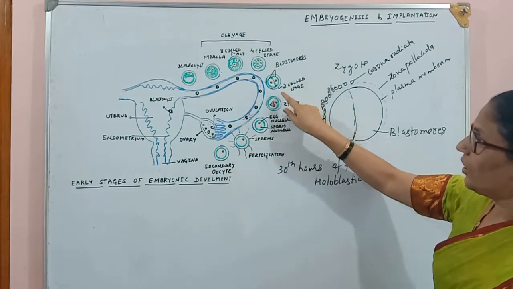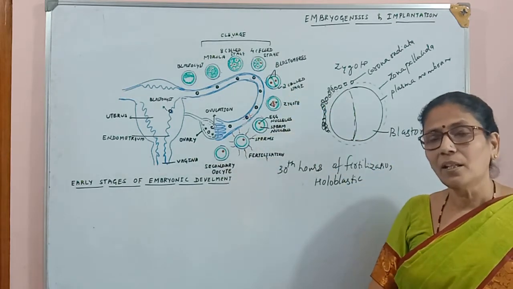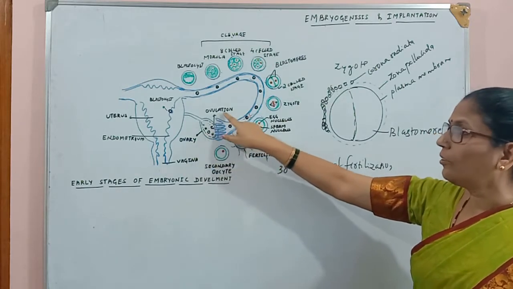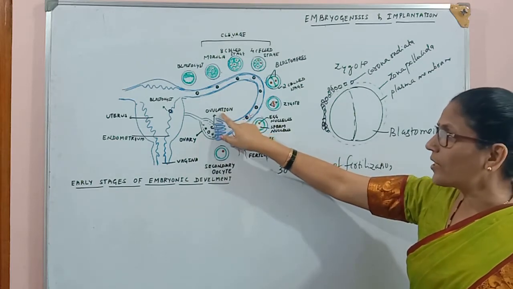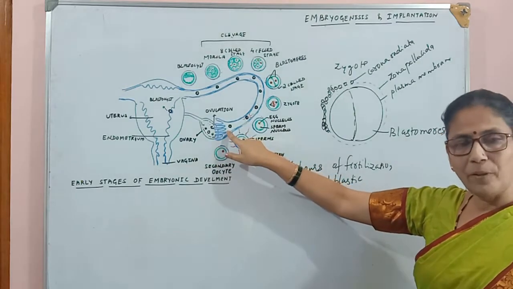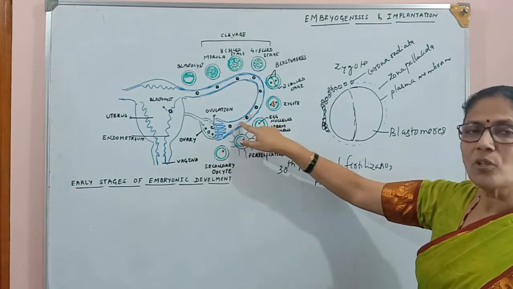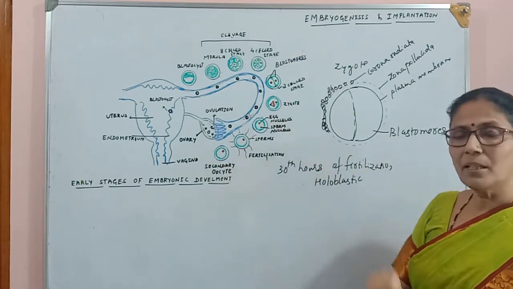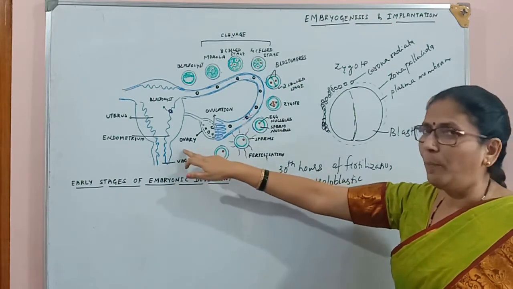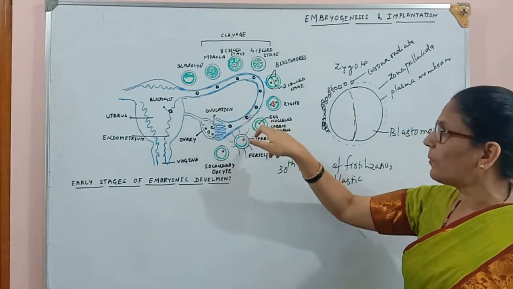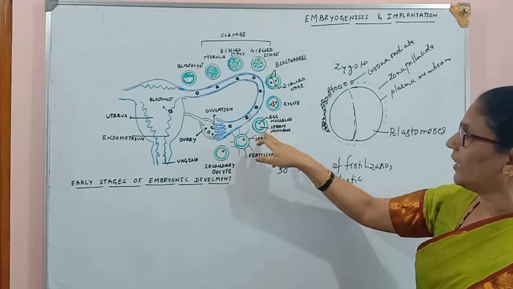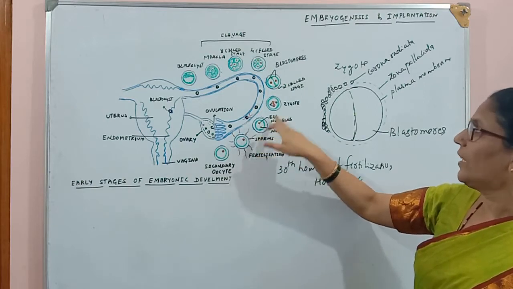So here we can see all the events which we have studied so far. This is the egg which is released from the ovary on the 14th day of the menstrual cycle. That process is called ovulation. The released egg is collected and enters the deeper portion of the fallopian tube, where it fuses with one of the sperm inseminated by copulation. When the sperm fuses with the egg nucleus, the egg is fertilized, and fertilization results in the zygote.